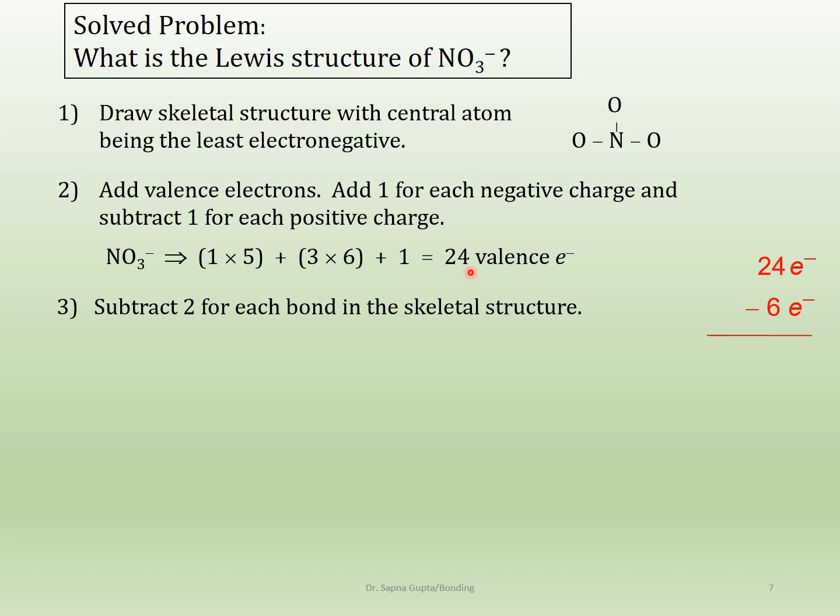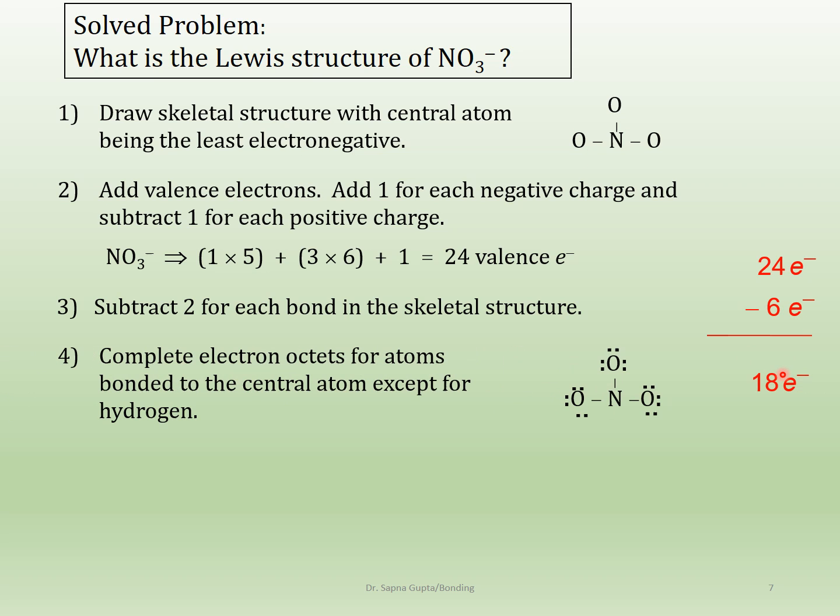Then the next thing we do is subtract 2 electrons for each of the bonds that we have already formed. That was the skeletal structure that we started with, so you subtract the 6 electrons. Which means we have 18 electrons left, and now we will place those 18 electrons and try to complete the octets. So now oxygen is happy, oxygen is happy, oxygen is happy. Why?